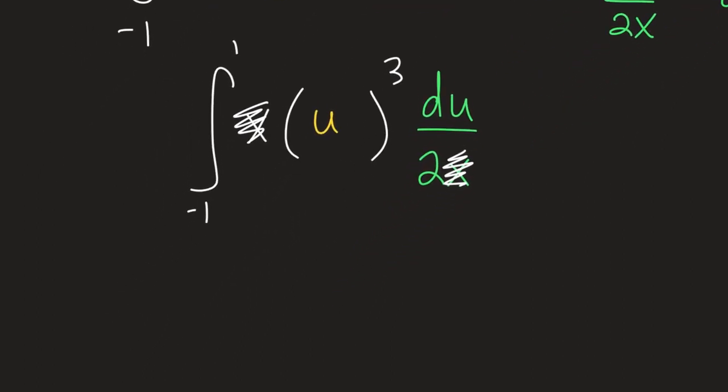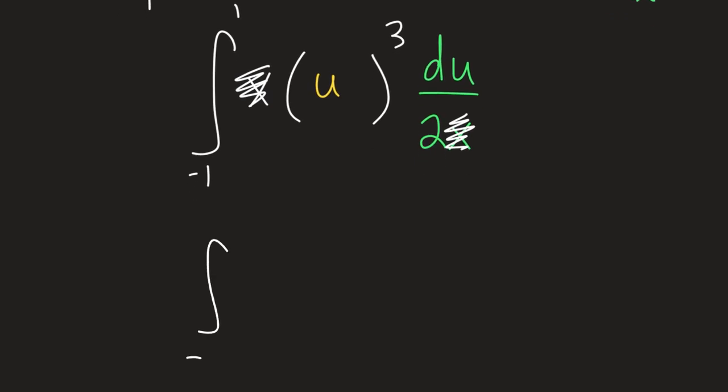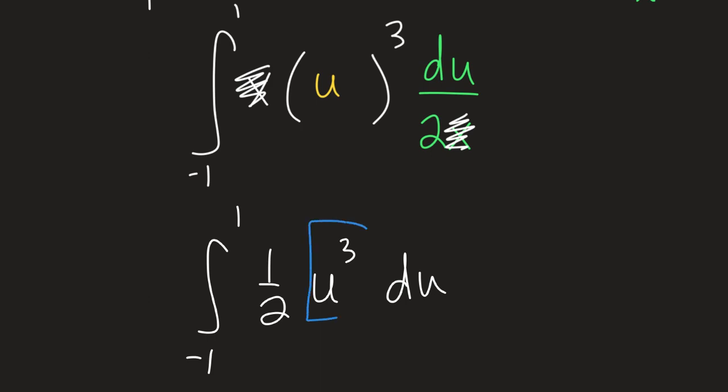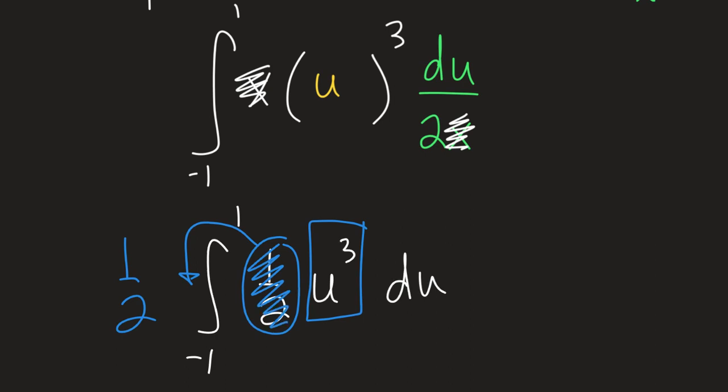So let's do some simplifying. We have the integral from negative 1 to 1 of 1/2 u cubed du. So now let's take the antiderivative of u cubed, because I'm going to pull this 1/2 out to the front and make it 1/2 times the integral of u cubed.